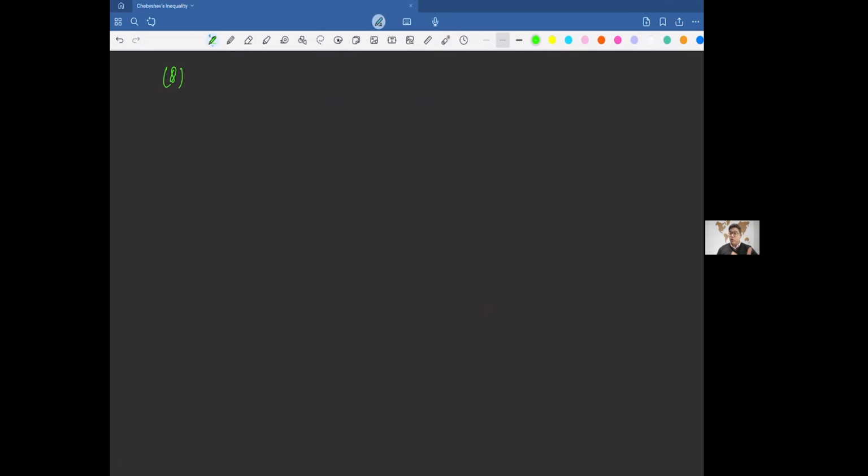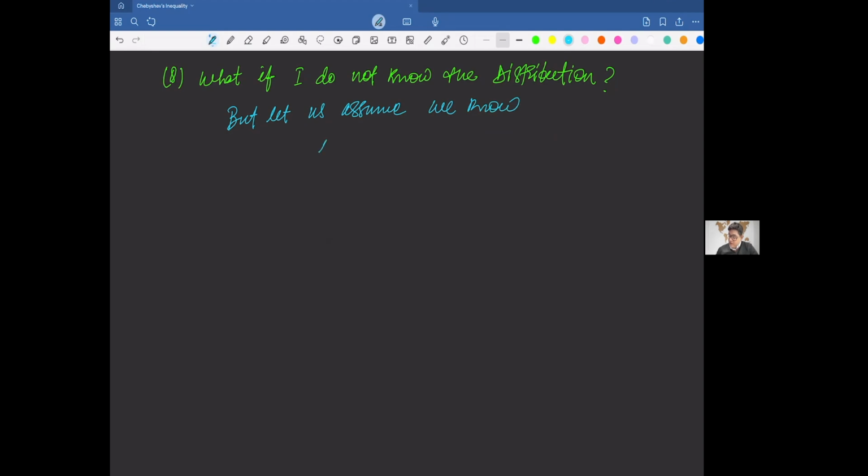Now comes the very important question. What if I do not know the distribution? What if I do not know the distribution, but let us assume we know the mean, which is mu, and we know the standard deviation.